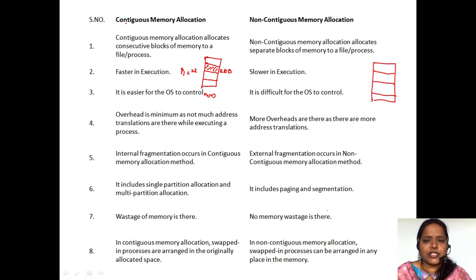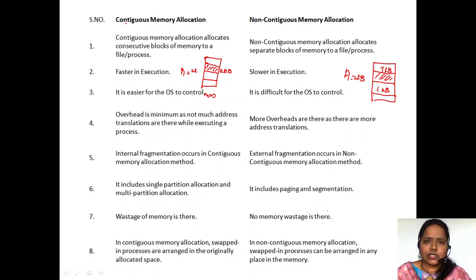Non-contiguous memory allocation separates blocks of memory for a file or process. If P1 needs 2 KB, here we can allocate 1 KB, and if this is filled, another 1 KB somewhere else.